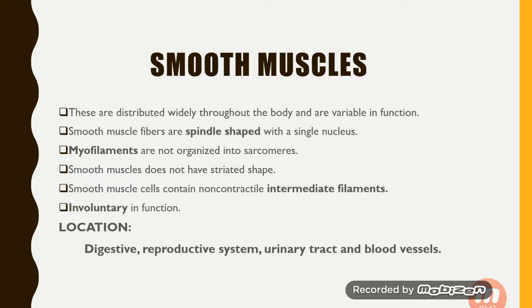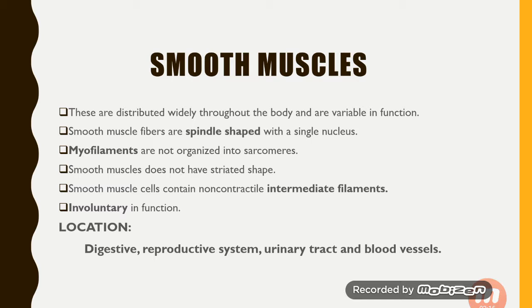They contain non-contractile intermediate filaments, meaning they do not have the sarcomeres, which are the contracting structures, and of course they have an involuntary function, meaning they are not under the control of your will. You cannot control the movement of the smooth muscles.